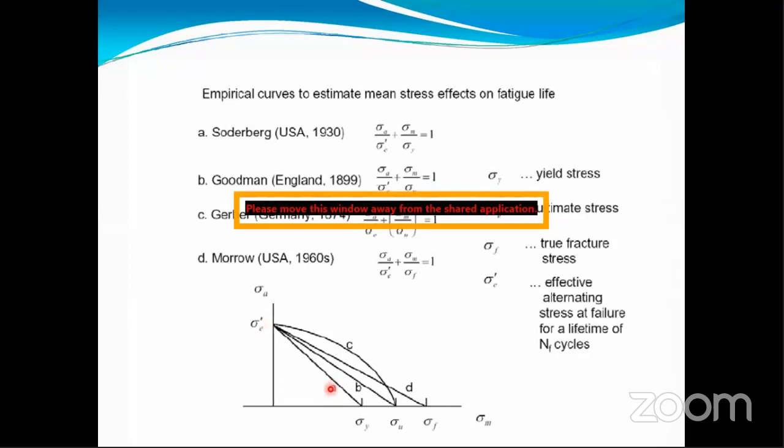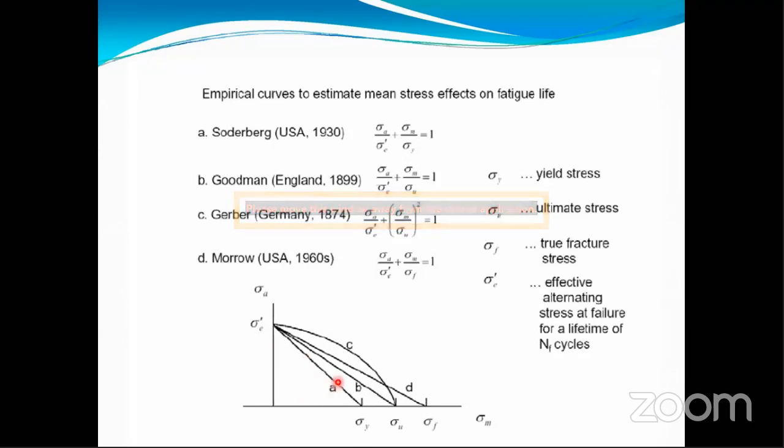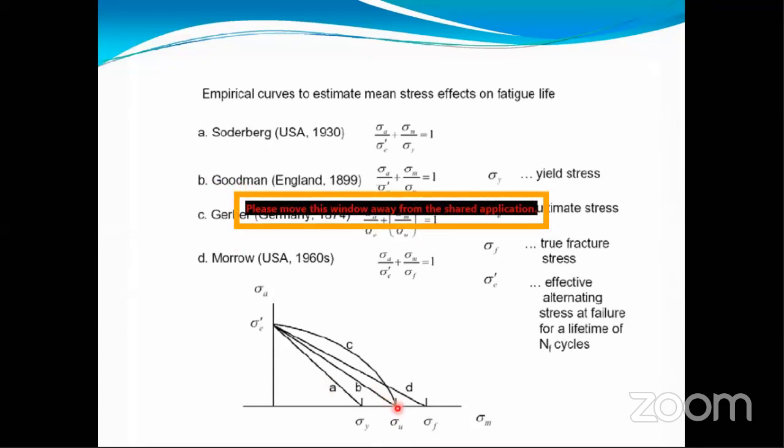If a component is supposed to sustain some 10,000 cycles, this approach will yield a result far less than 10,000, because it is the most conservative and depends only on yield stress. But if we go with ultimate stress, that is the Goodman criterion, it gives results far closer to the actual fatigue life. And mostly we go for the Goodman criterion.